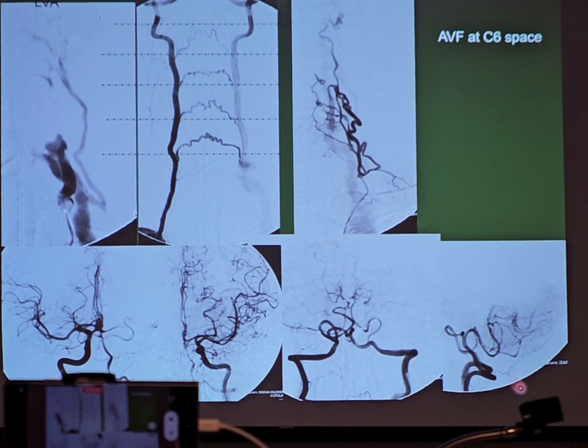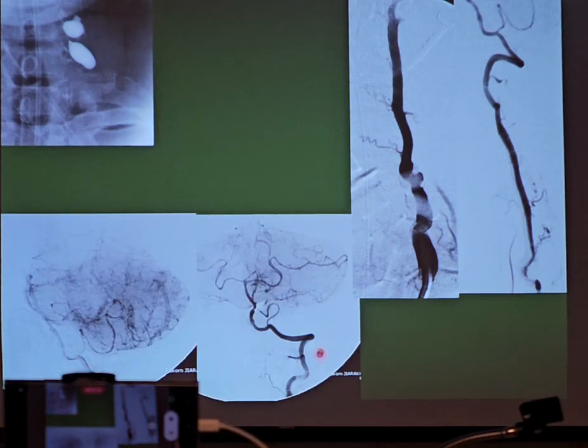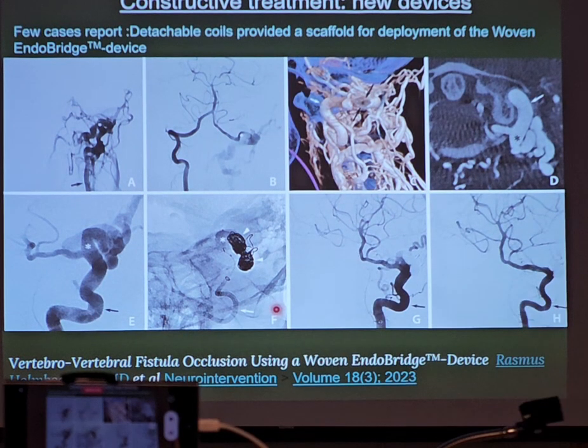In this case, we were able to put 2 balloons there, and we were able to preserve this left vertebral, and finally the left vertebral helped to supply also the posterior circulation later on.